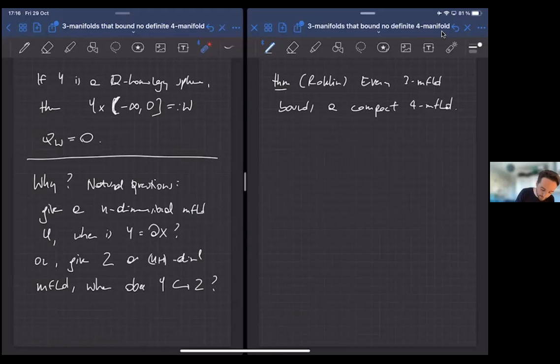This statement can be shortened up by saying that omega 3, the three-dimensional cobordism group, is trivial.